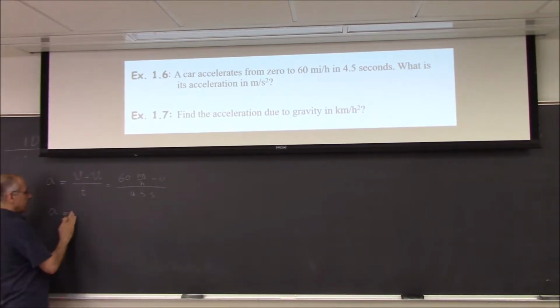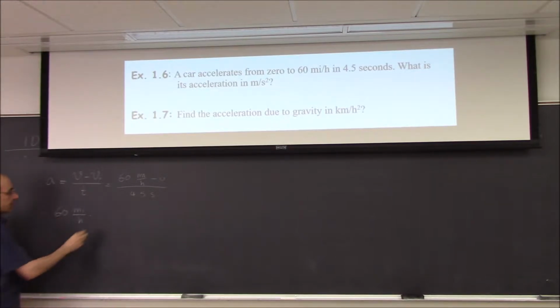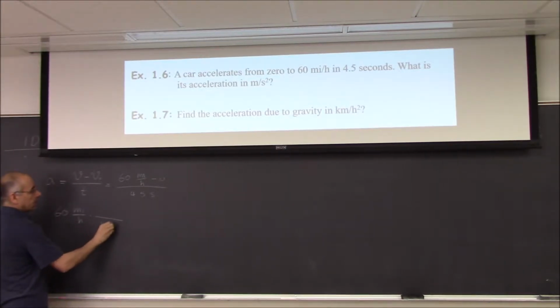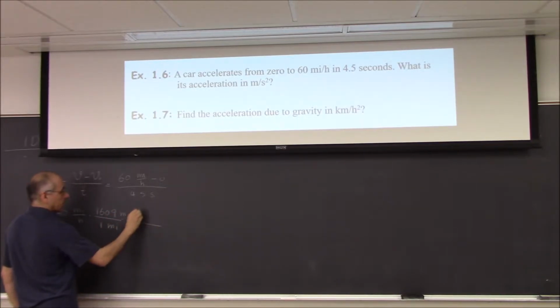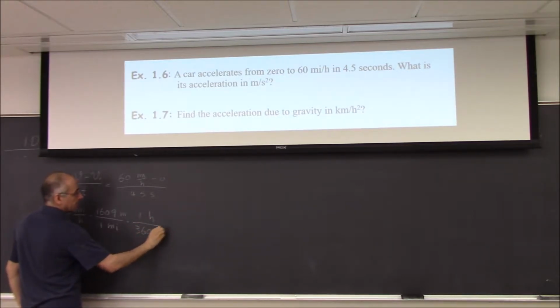meters per second. Let me convert 60 miles an hour to meters per second. In order to do that, we know that 1 mile is 1609 meters, and 1 hour is 3600 seconds.